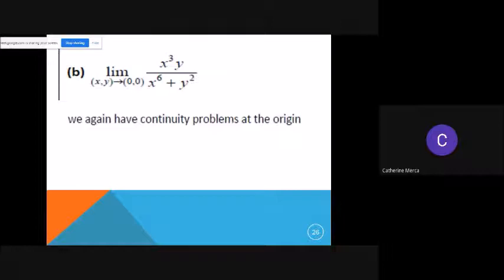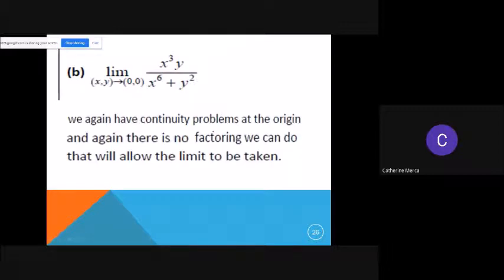Here, we again have continuity problems at the origin: 0, 0 with x to the 6 plus y squared. So again, you cannot directly substitute. What are we going to do? Again, there's no factoring, since x to the 6 plus y squared cannot be factored, so we cannot do what we did earlier.